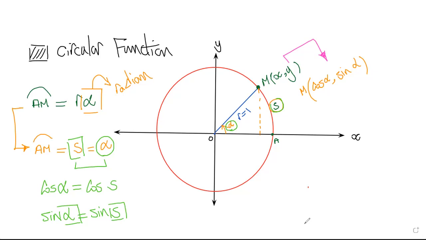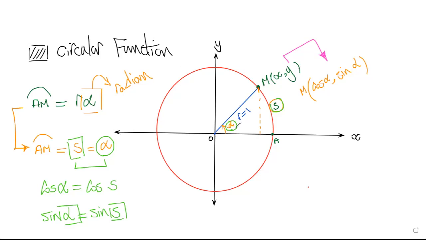Yes. I don't really understand why x is cos of alpha and y is sine of alpha. Oh, okay. Look at this. When we defined the trigonometric ratio, we were trying to localize this moving mosquito on the circumference of the unit circle by x and y.